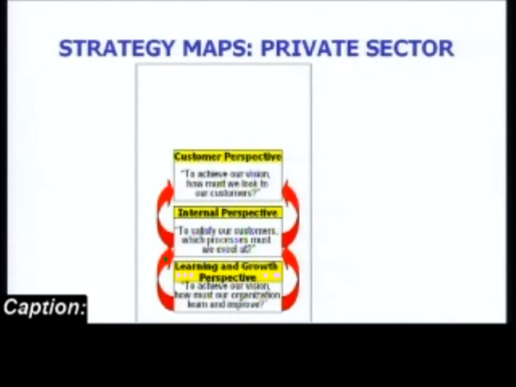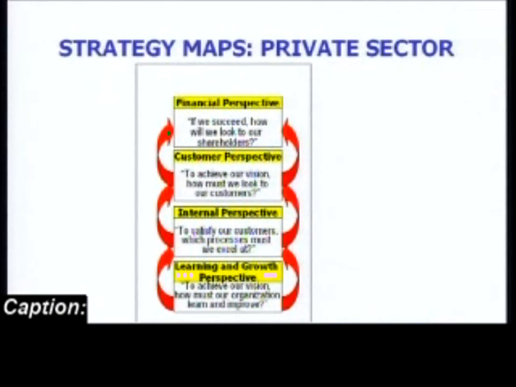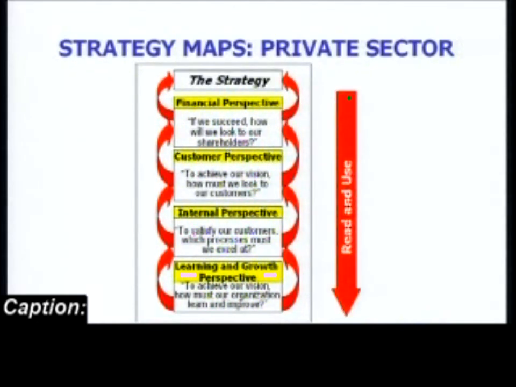That leads into the customer perspective. To achieve our vision, how must we look to our customers, which in turn feeds into the financial perspective. If we succeed, how we look to our shareholders, and this establishes the strategy. Typically this is built from the bottom up and read and used from the top down.